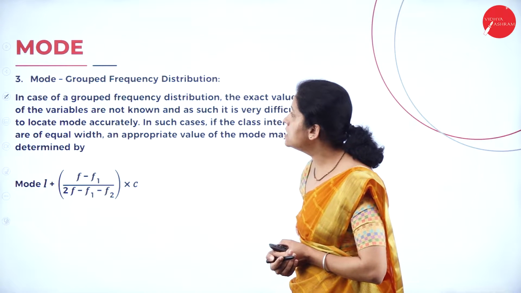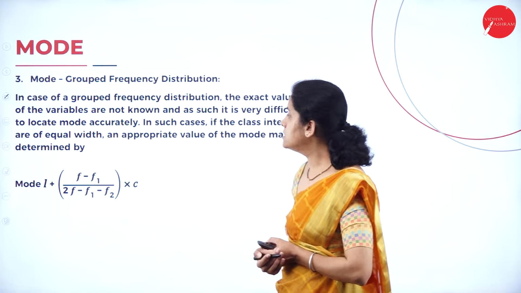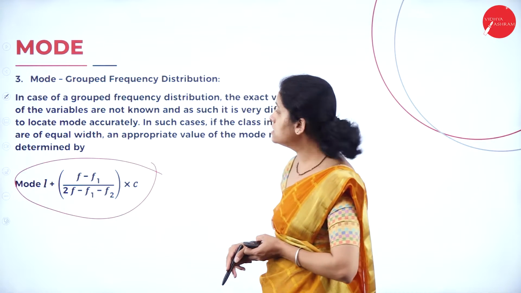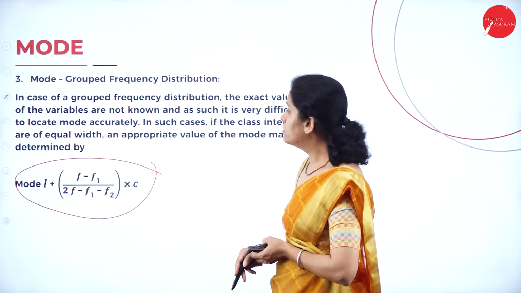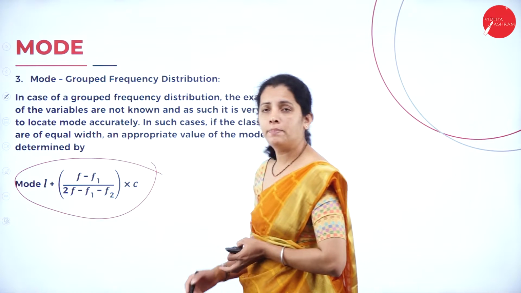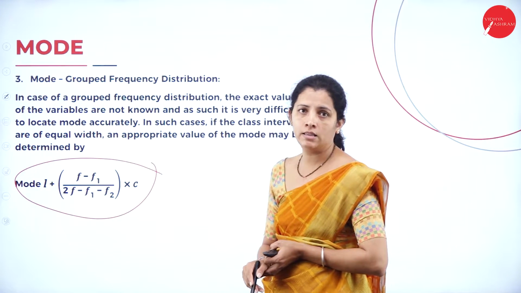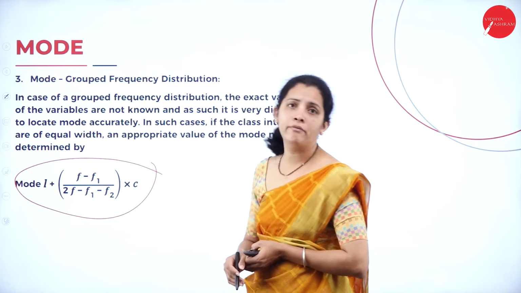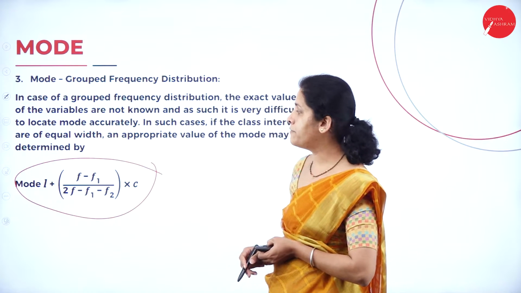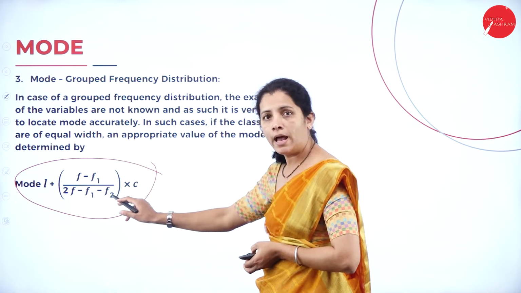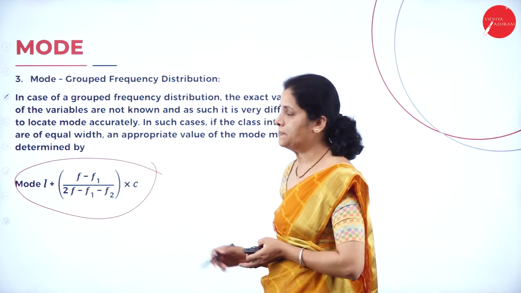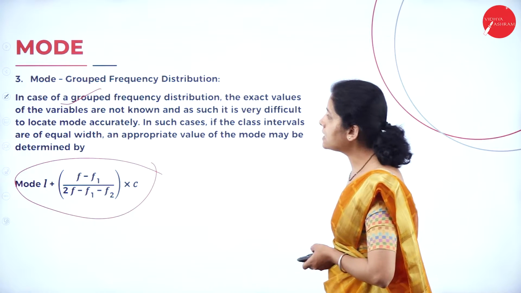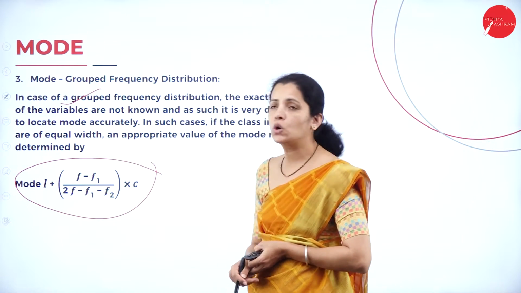Now, if I consider grouped frequency distribution, see here, I want to consider this formula. Mode is nothing but L plus, open the bracket, F minus F1, divided by 2F minus F1 minus F2, close the bracket, and multiplied by C. In case of grouped frequency distribution, the exact values of the variables are not known.